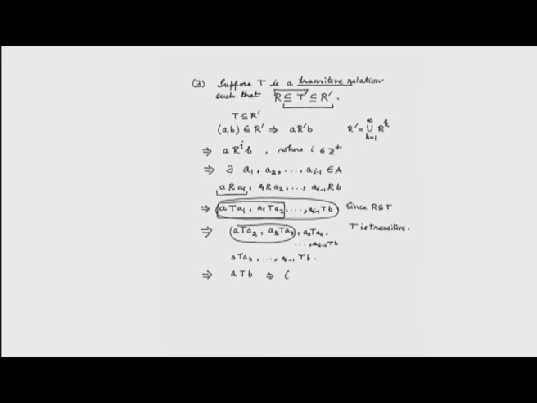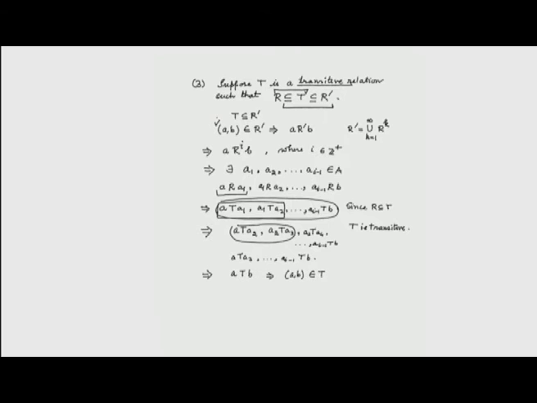This means that the pair (A, B) is an element of T.